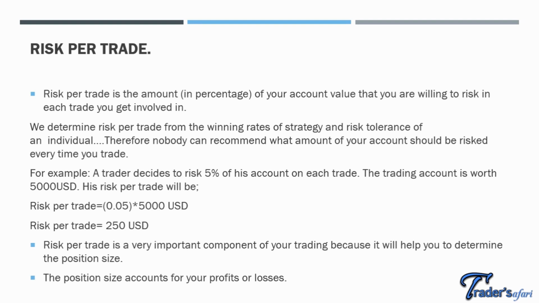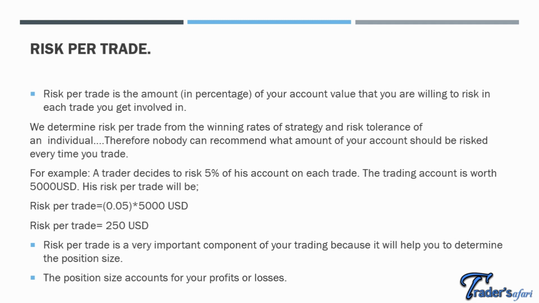Okay, the other thing you should know is risk per trade. Risk per trade is the amount, in percentage of your account value, that you're willing to risk on each trade you get involved in. Each time you place a trade, there's an amount of your account that you are willing to risk, so that you might get a profit out of it. We determine risk per trade from the winning rate of the strategy and the risk tolerance of an individual.